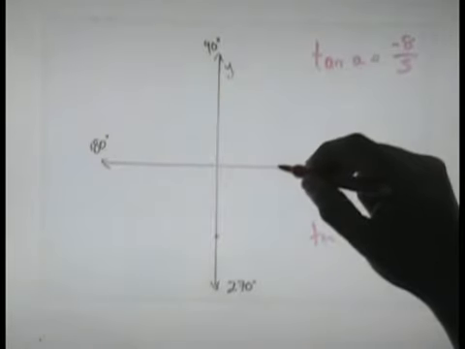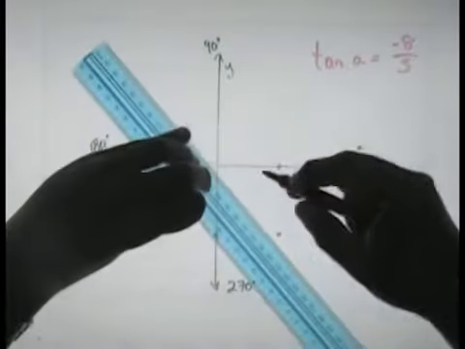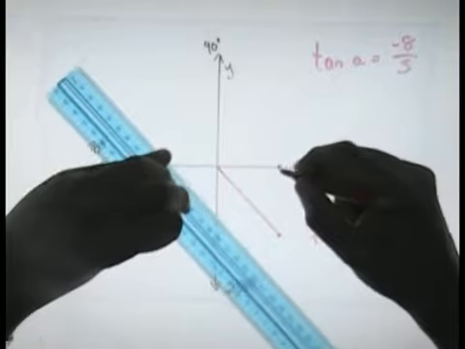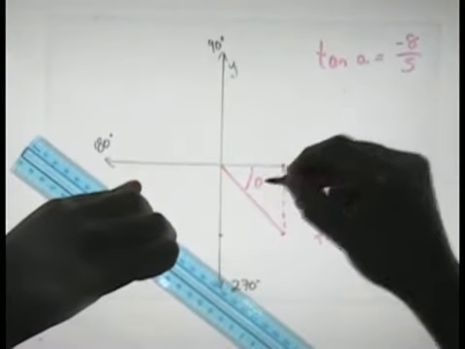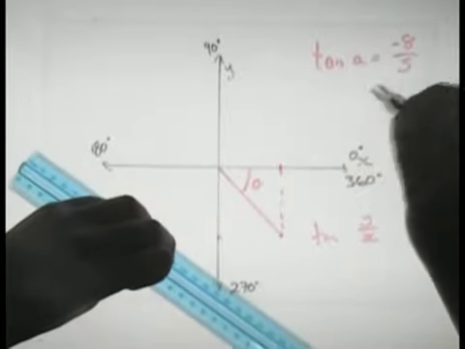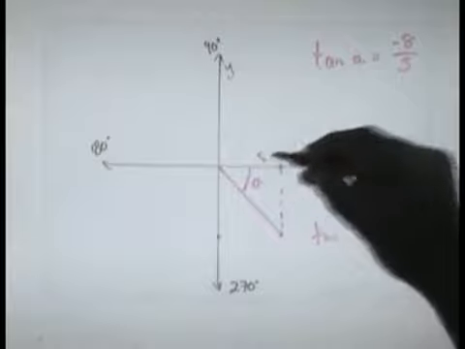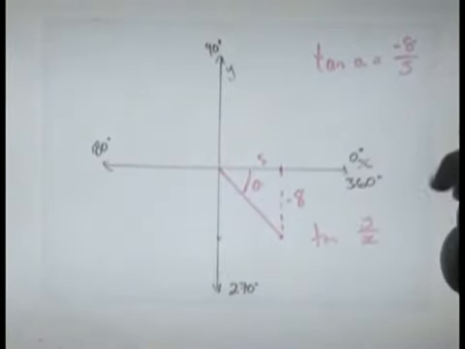So that would be somewhere over there. That means that A would be this angle over here. That would be angle A, where x is equal to 5 and y is equal to negative 8.